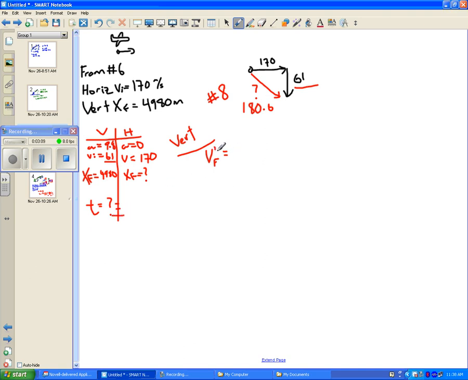So I'm going to use the vf squared formula because I have my distance and I have an initial velocity. So my initial velocity is 61 squared plus 2 times 9.8 times my displacement, which was the 4940.